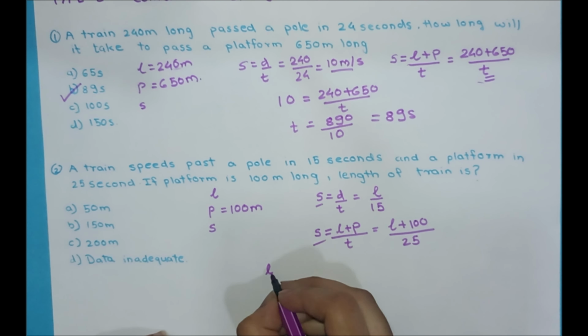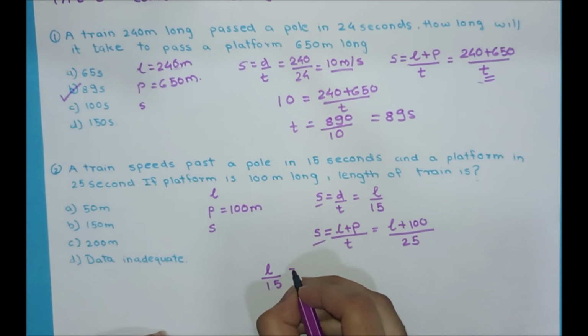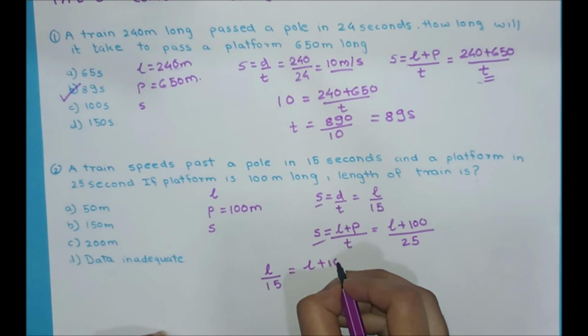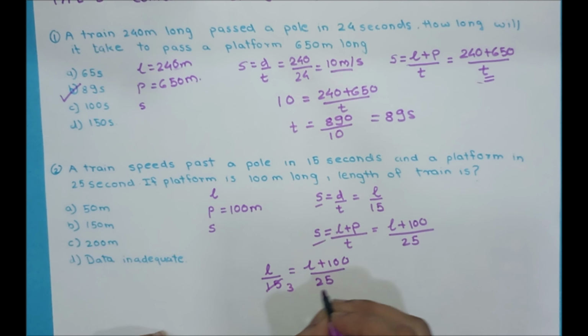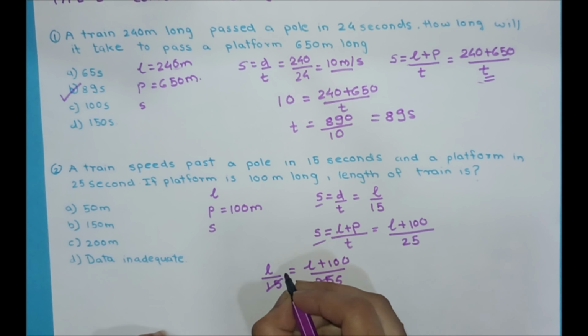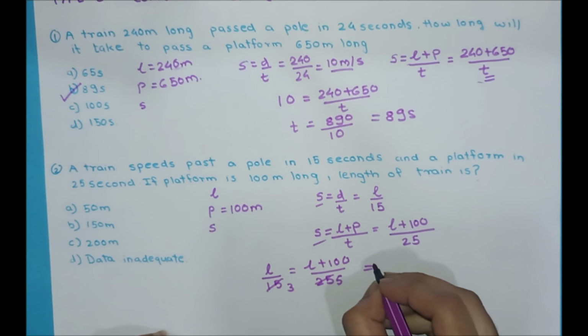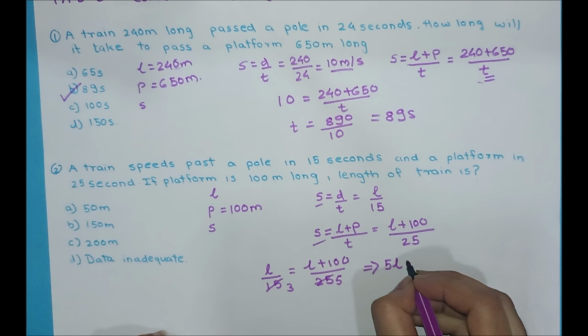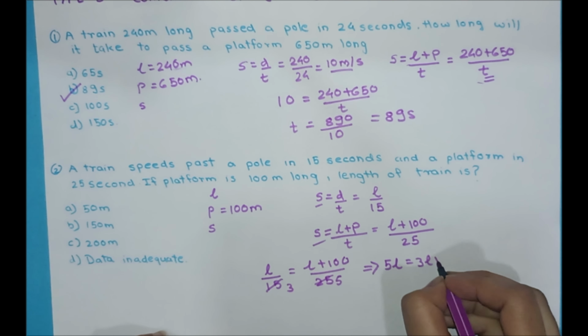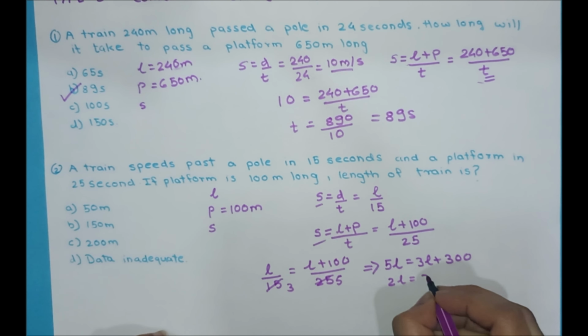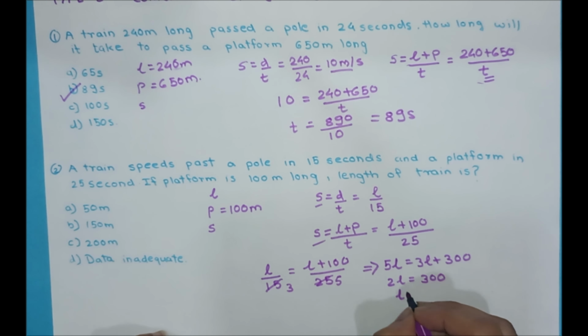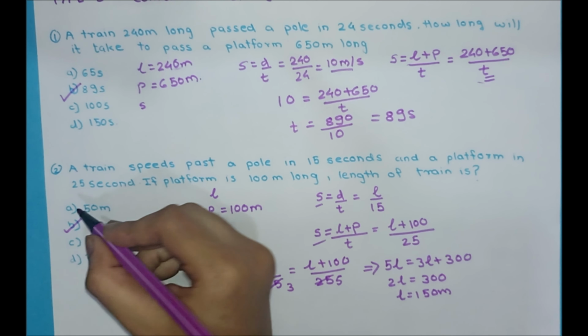We can write it as L by 15 is equal to L plus 100 divided by 25. It is 5 3s are 5 5s are. This gets cross multiplied. It becomes 5L is equal to 3L plus 300. So 2L is equal to 300 and L becomes 150 meter, which is your option B.